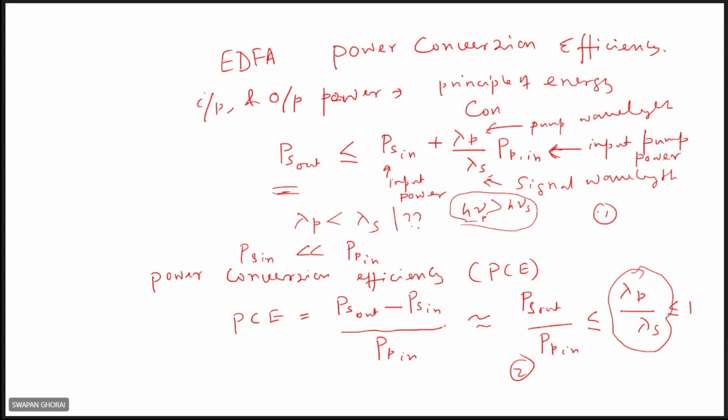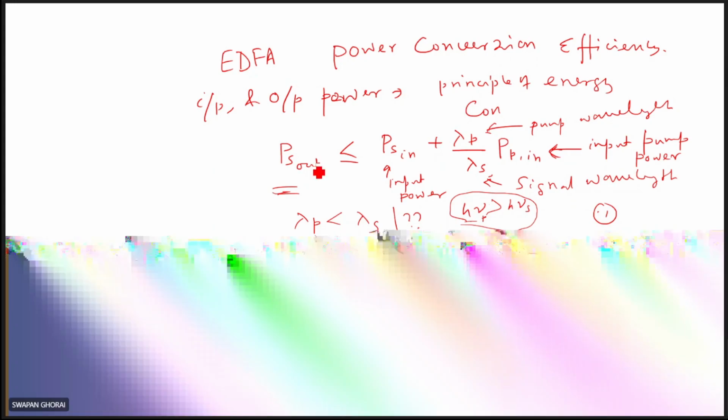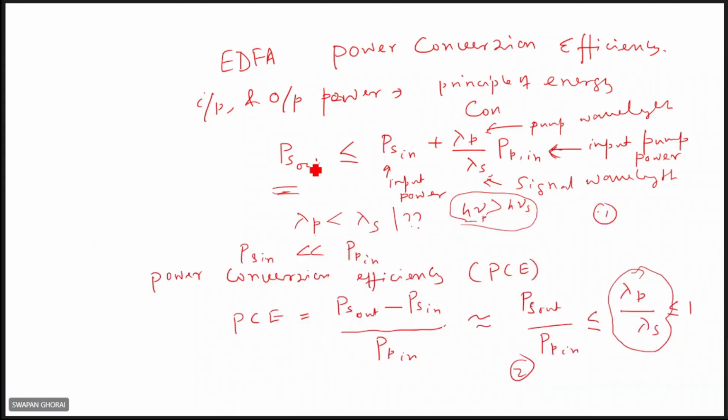But also we have seen it. The wavelength of pump photon is always less than lambda s, because pump energy should be more, and so with E = hc by lambda inverse, lambda p is always less than lambda s. And if you see the conservation principle of energy, the signal output power will be the input power plus the pump power with the ratio lambda p by lambda s.